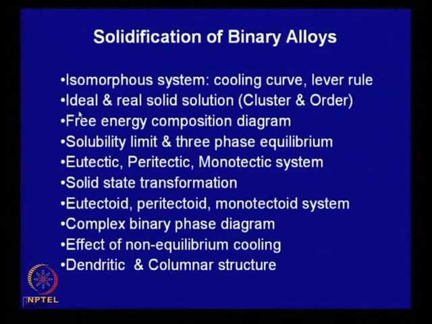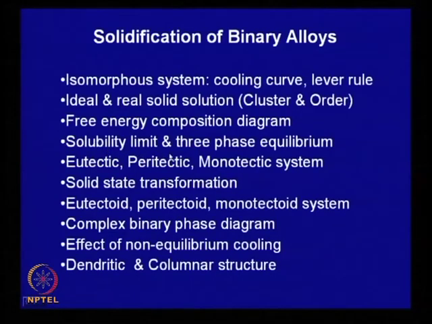We also looked at the difference between ideal and real solid solutions. We talked about the free energy composition diagram in the case of the isomorphous system. Then we moved over to cases where there is a solubility limit, that means two metals are not soluble in the solid state in all proportions.